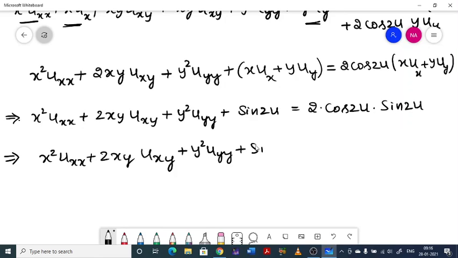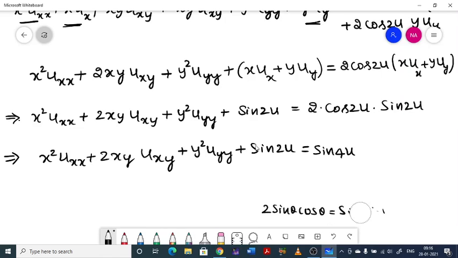plus sin 2u equal to, see, 2 sin 2u into cos 2u, we have 2 sin theta cos theta equal to sin 2 times theta, right? In place of theta I have 2u here, so 2 sin 2u into cos 2u will be sin of 2 times 2u, that will be sin 4u.